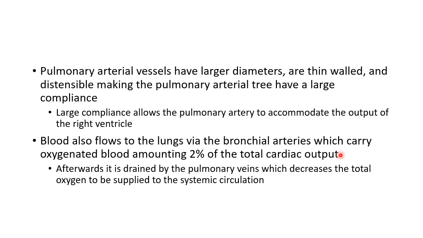These arteries carry oxygenated blood amounting to 2% of the total cardiac output, meaning for each minute that the left ventricle pumps, how many beats it makes in a minute, and the volume that is pumped with each beat, that's the total cardiac output. 2% of that will go into the arteries that are found on the walls of the bronchus, or bronchial arteries.